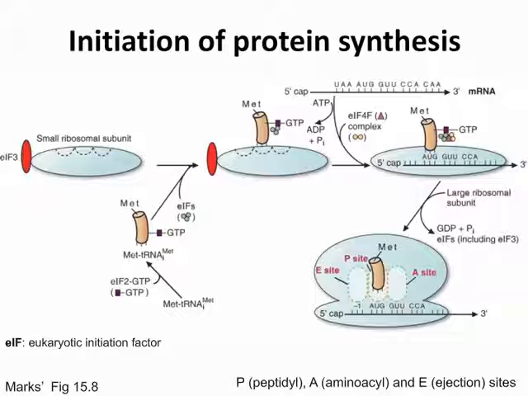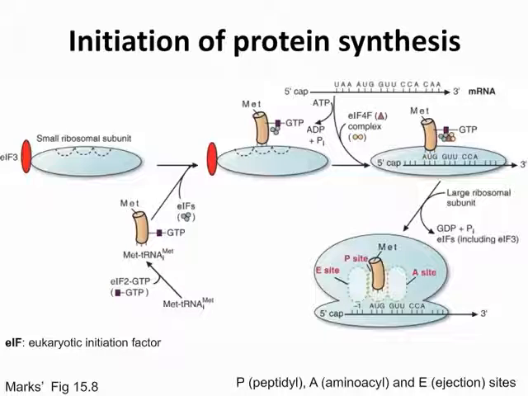Methionyl-tRNA binds to EIF2, which stands for Eukaryotic Initiation Factor 2. Those two become a complex, and it's going to bind to EIF3, which is that red circle that's bound to the small ribosomal subunit, which is the 40S subunit.